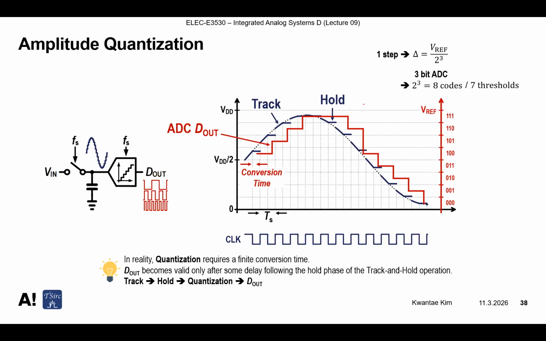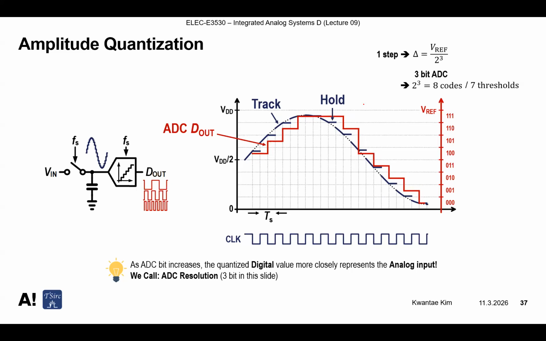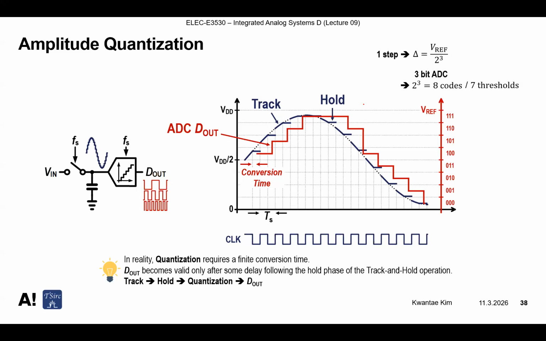We model the conversion time this way, such that the red curve is shifted slightly toward the right side. So this is a more realistic ADC output. It becomes more complicated to see what is happening, with random staircase signals, but this is how it works.